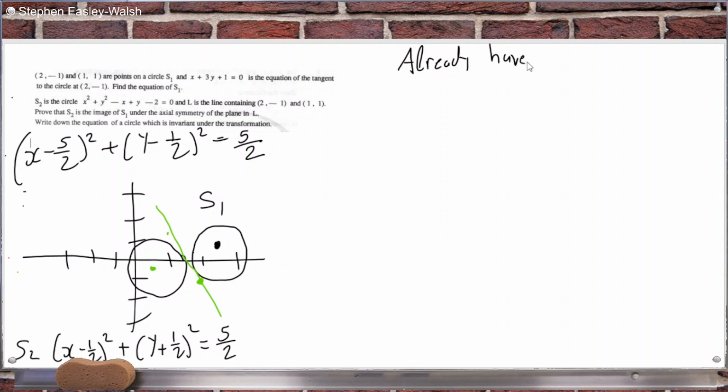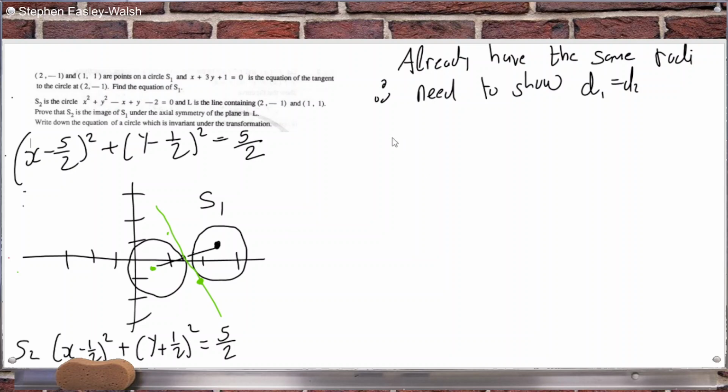So therefore, we need to show the distance is equal, that the distance from here to here equals the distance from there to there. So let's calculate the perpendicular distance, d1. We'll have to get the equation of the line.